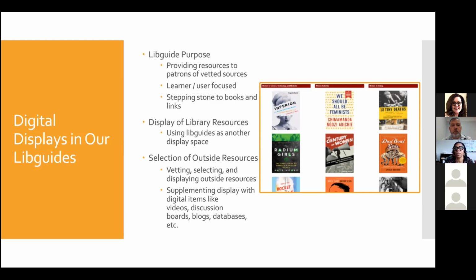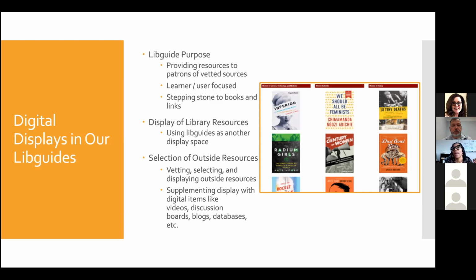So you're going to be able to have something available to your patrons, if it's a community member who just wants to learn a little bit more about a particular subject, then they have all kinds of informational things available within the LibGuide for recreation and learning, versus your student who may be very specifically working on an assignment. And these are stepping stones to books and links.